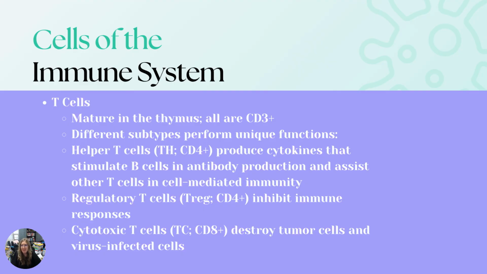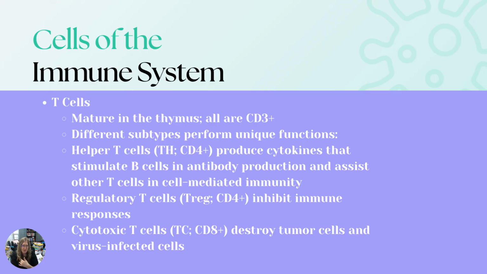Then we have our T cells, and again, our T cells mature in the thymus, and mature T cells then express CD3. Then we have different functional subsets of our T cells. So we have CD4 positive helper T cells, and they help coordinate immune responses through something called cytokines.